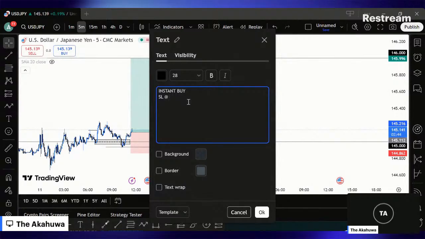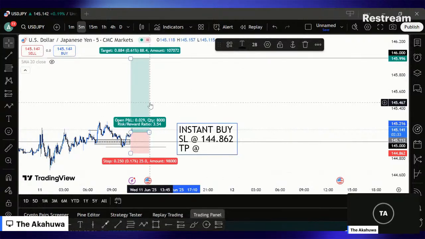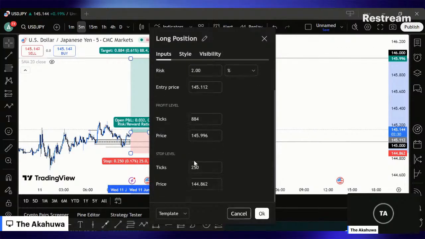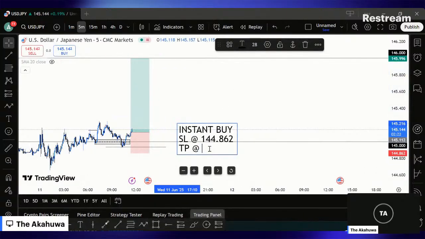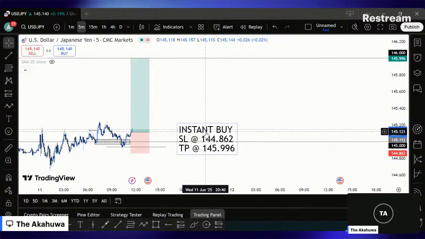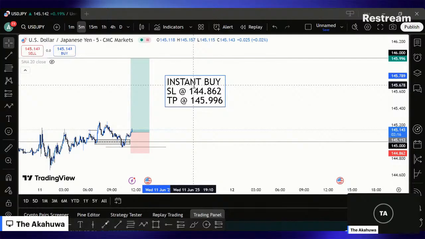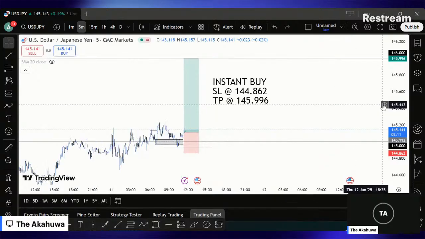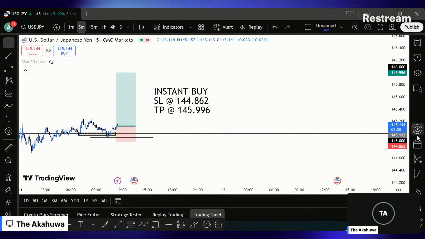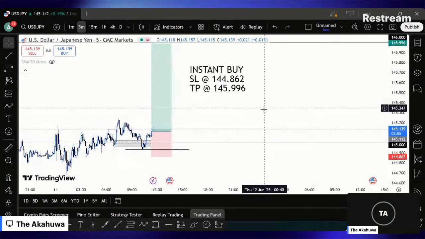SL at, TP at. So these are the coordinates, SL and TP. If you entered when I said I'm in, we should be in small profit by now.